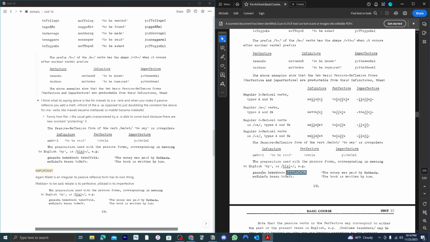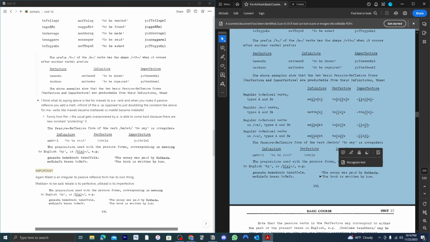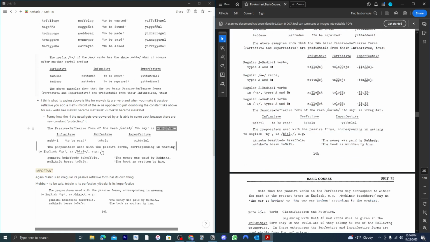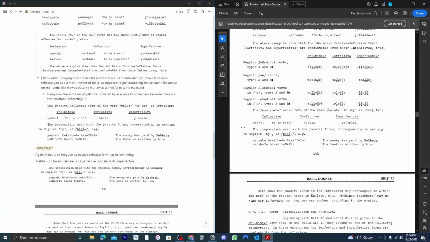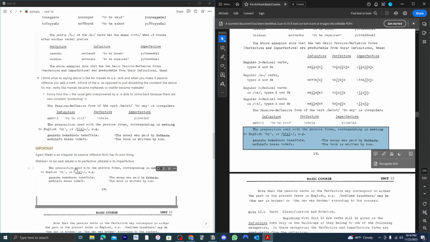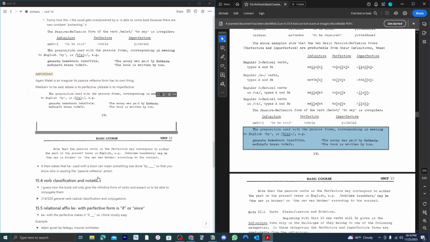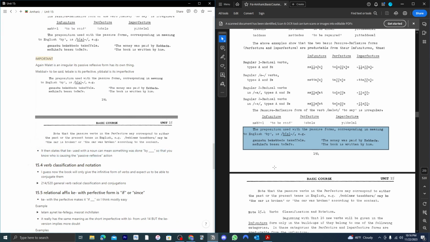So genzebu is the money, by kebeda, it was paid. The money was paid by kebeda. Mesafu is the book. Be'esu is by him, right? Tesafe, like it was written, the book was written by him. Super weird, really annoying, kind of just chucked in there. I wish it was more clearly indicated, but yeah.